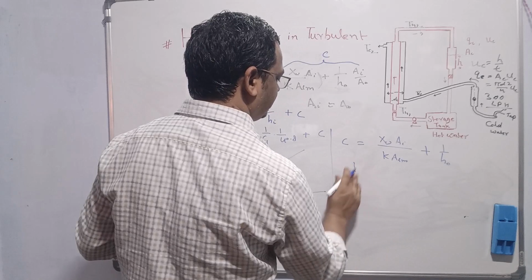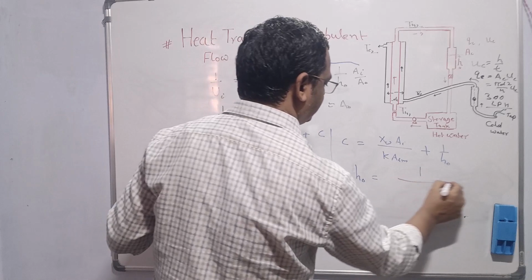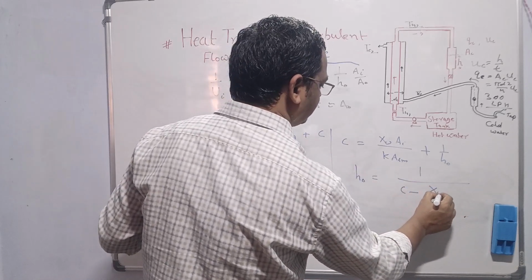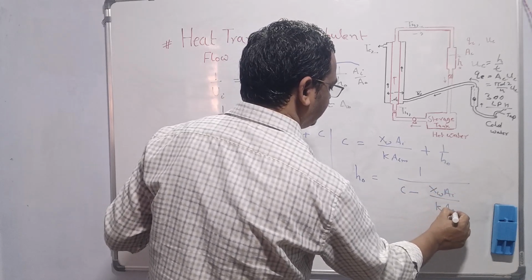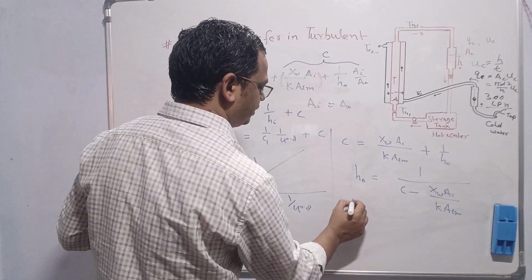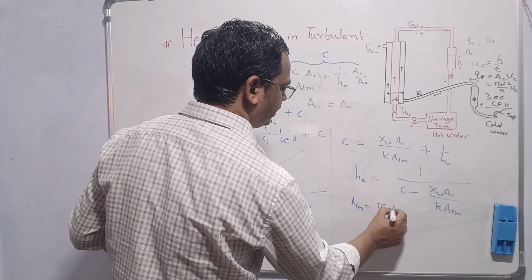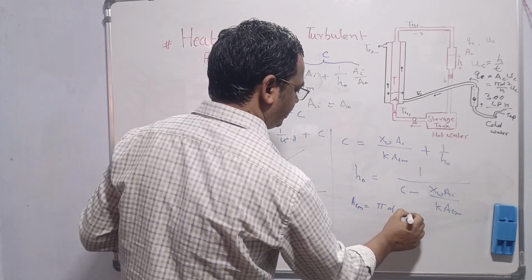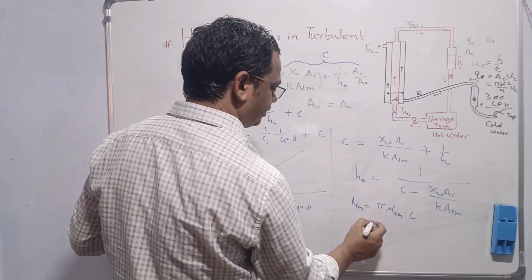So from here we can find ho: 1 by ho is equal to C minus xw Ai by K Alm. What is Alm? Log mean area, pi d Lm into L. Length of the pipe and log mean diameter.